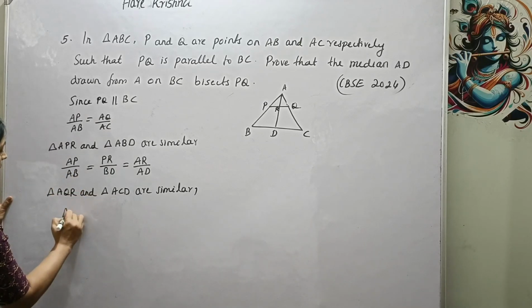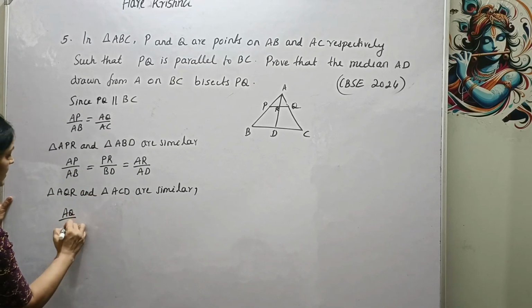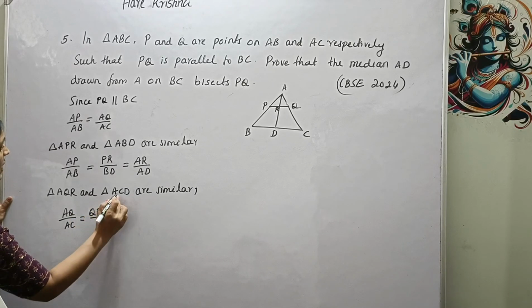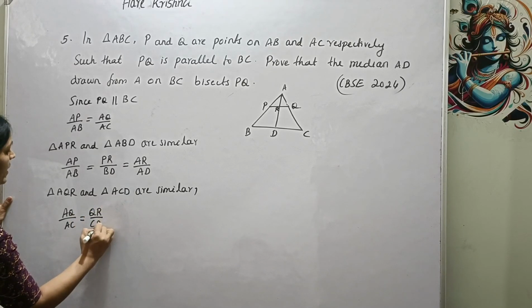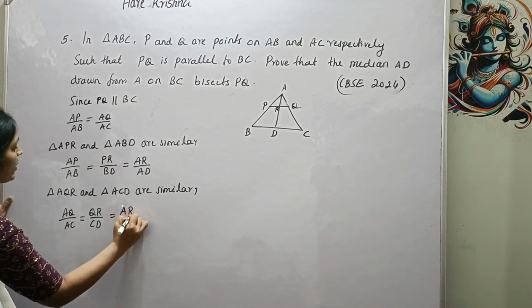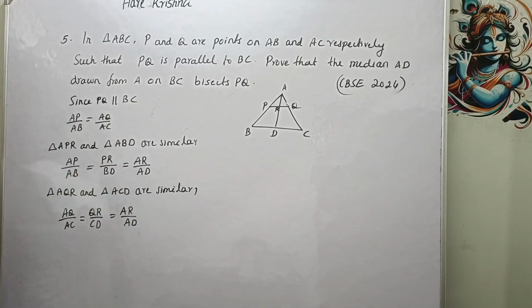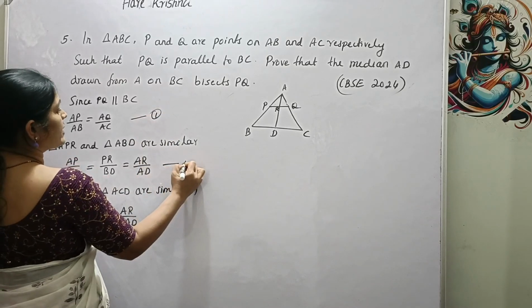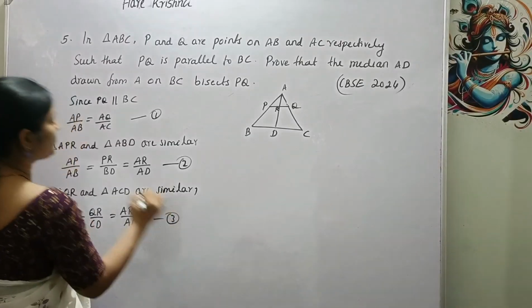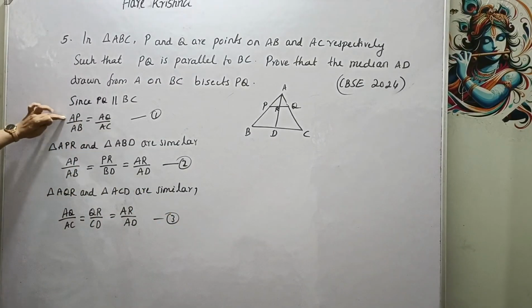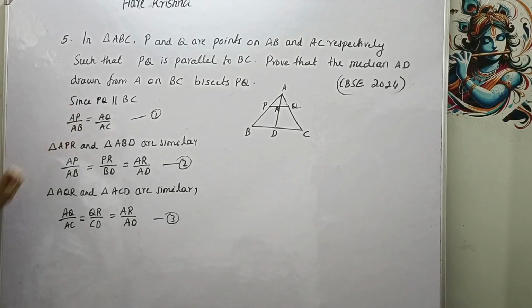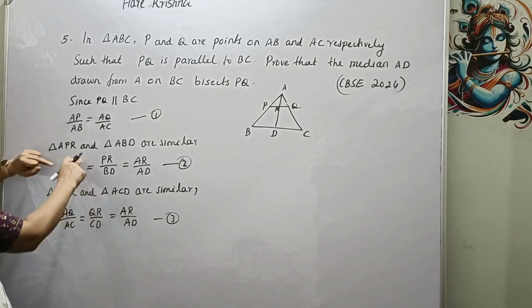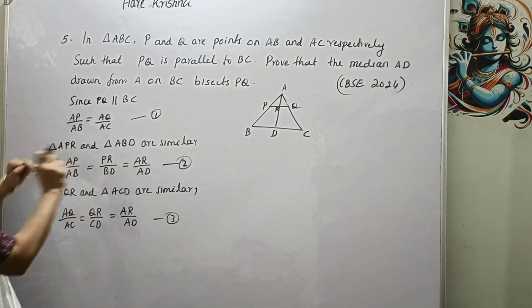So, here AQ divided by AC is equal to QR divided by CD is equal to AR divided by AD. Let's call this equation 1, equation 2, equation 3. Here AP by AB is equal to AQ by AC. And here AQ by AC is equal to QR by CD. AP by AB is equal to PR by BD.